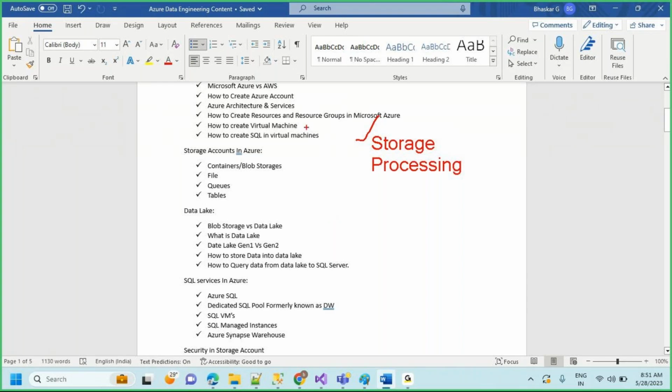I'm going to talk about how we can store the data in different places. We have Blob Storage, ADLS, and databases also. In the Azure cloud platform we have different kinds of storages, and we are going to see how we can store the data.